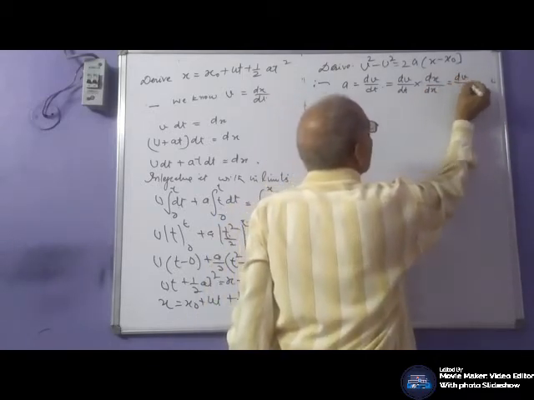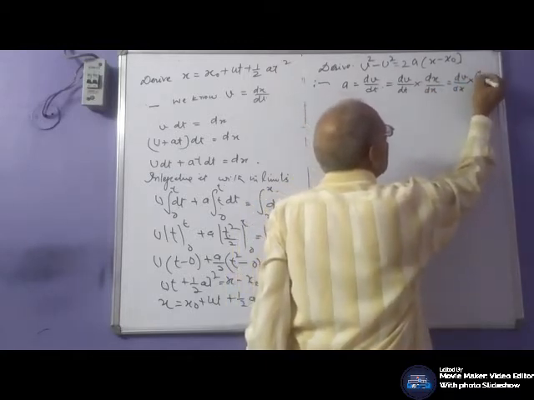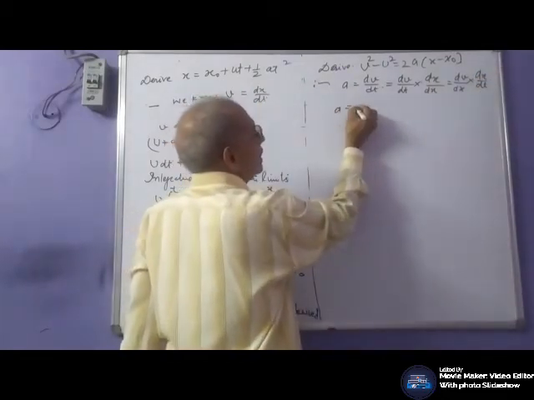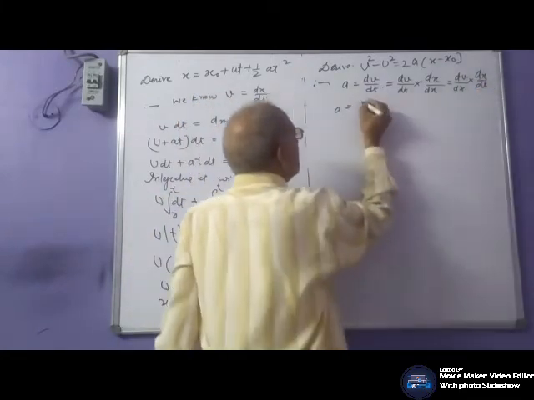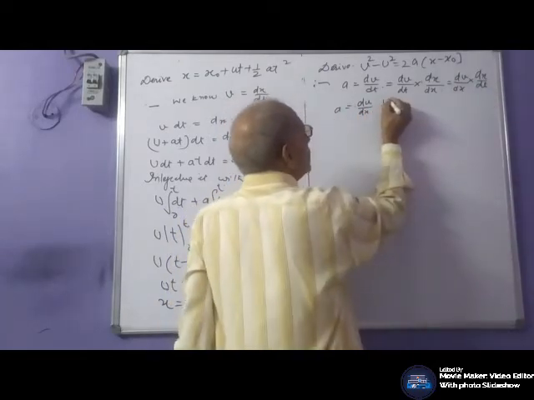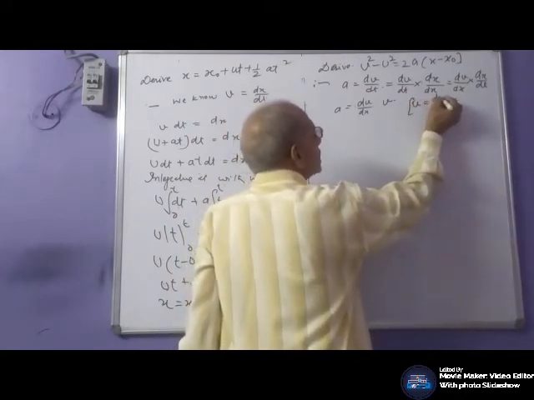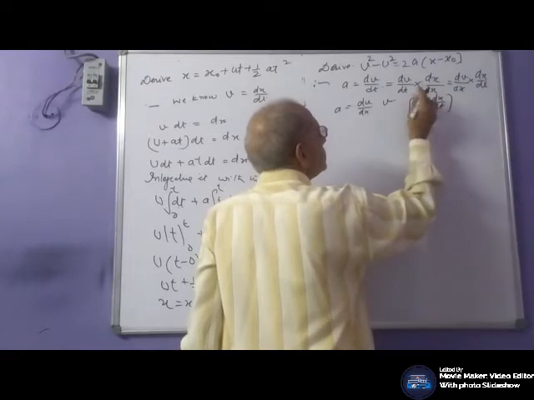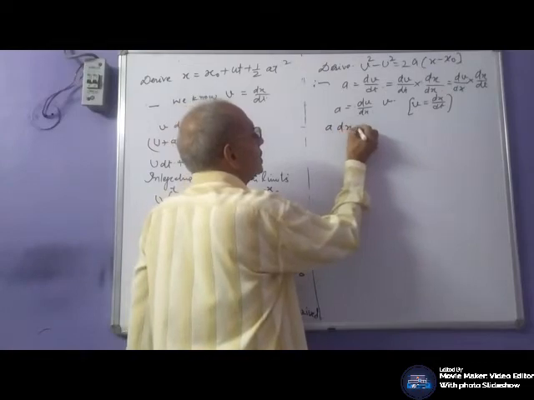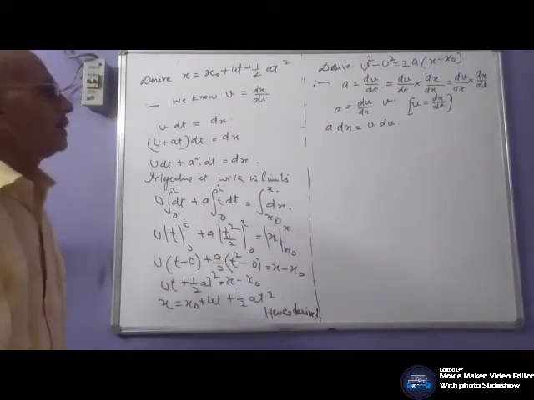It is dv by dx, पहले लिखा है मैंने, dx by dt. dx by dt is what? v. v is dx by dt. Or a dx equals v dv. Now this equation is ready for integration.